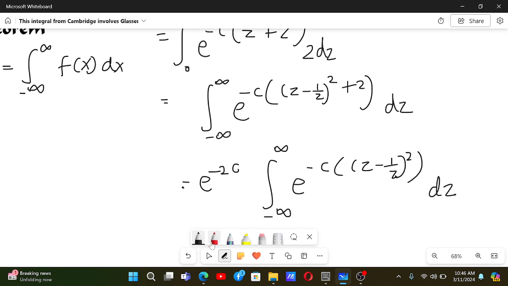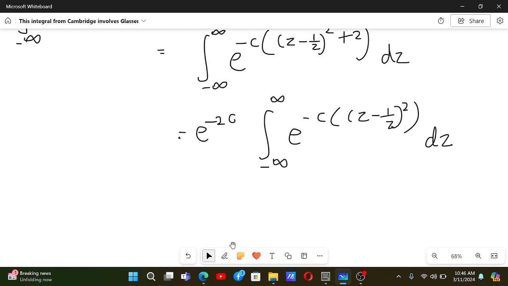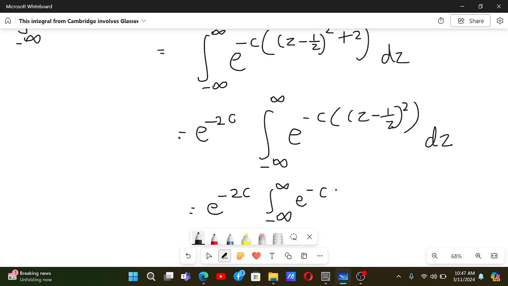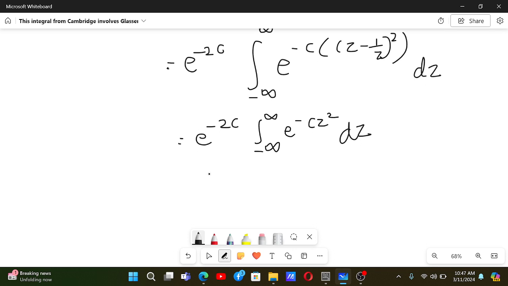Now using Glasser's master theorem, this integral will just be equal to e to the power minus 2c times the integral from minus infinity to infinity of e to the power minus c g square dg. Now this is just a Gaussian integral, and we know that the answer for the Gaussian integral is root pi over c, and that's the answer.